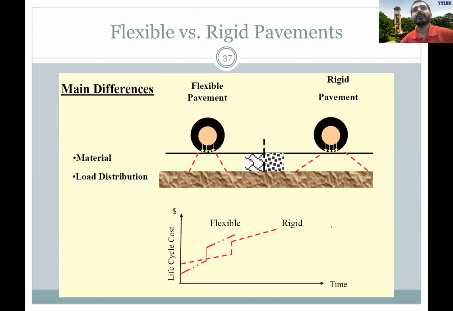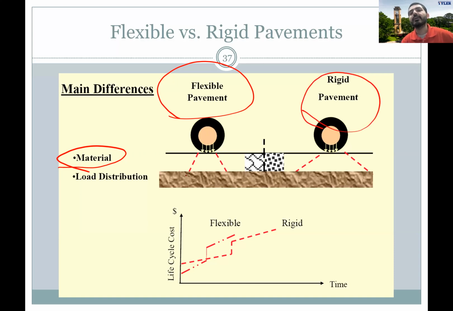So in summary, there are main differences between flexible pavements and rigid pavements. The major difference is material. For flexible pavement, again, we use hot mix asphalt with aggregates, while for rigid pavements, we use aggregates, cement, and water.